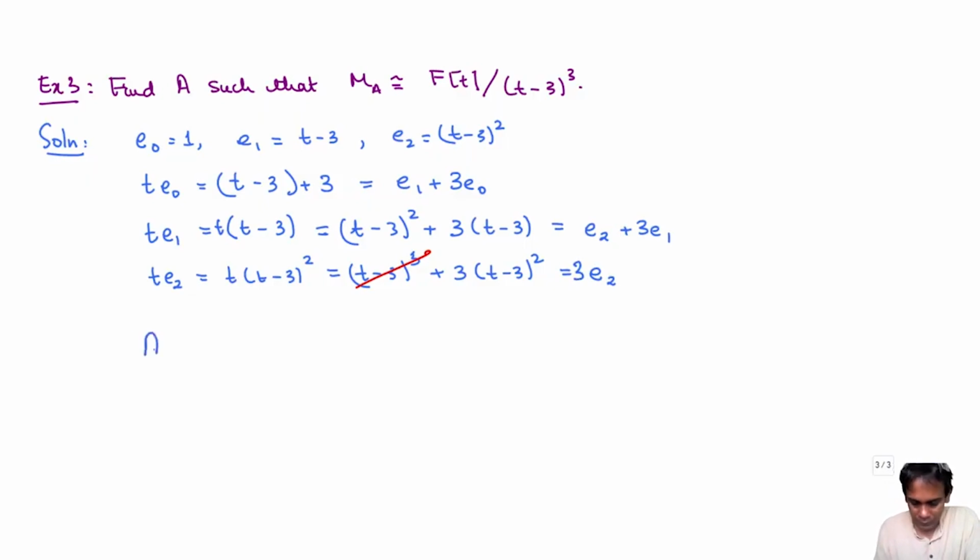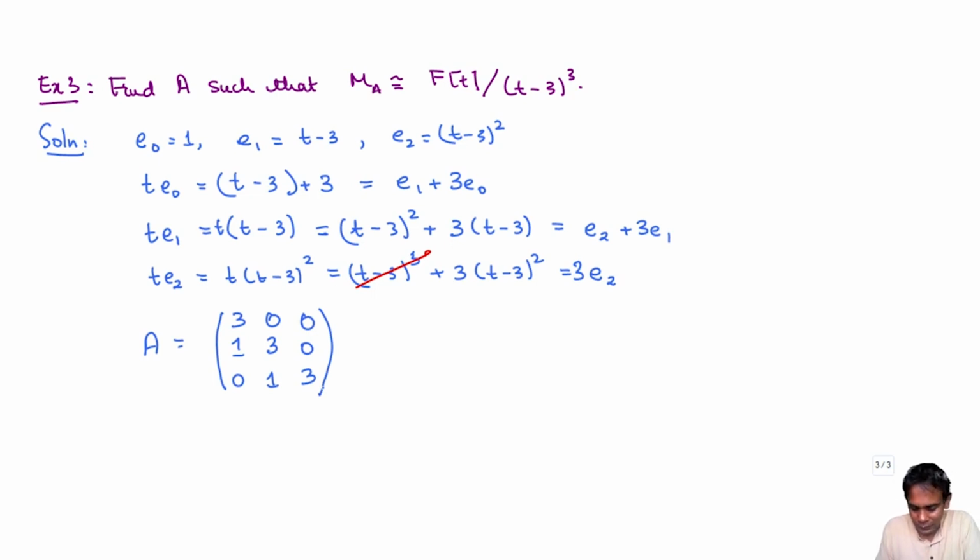So then we get that the matrix of A is: E0 goes to 3E0 plus E1, E1 goes to 3E1 plus E2, E2 goes to 3E2. This is a Jordan block with eigenvalue 3.